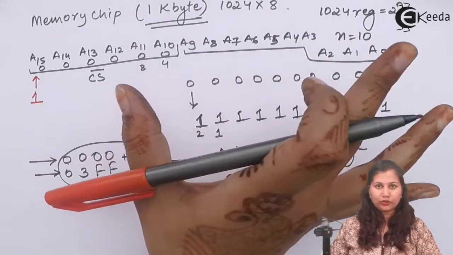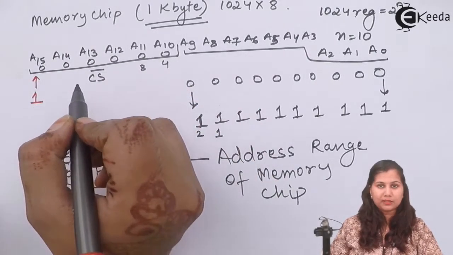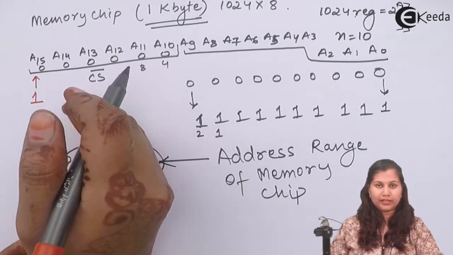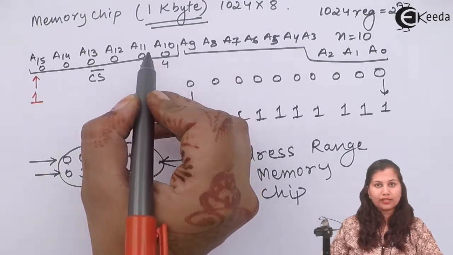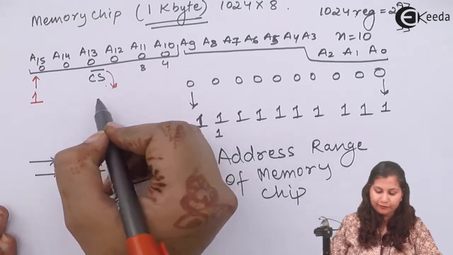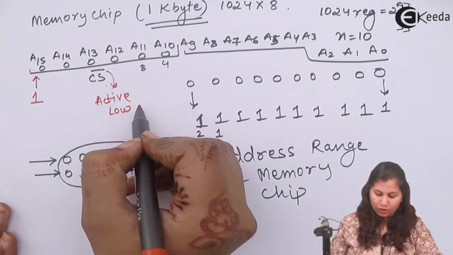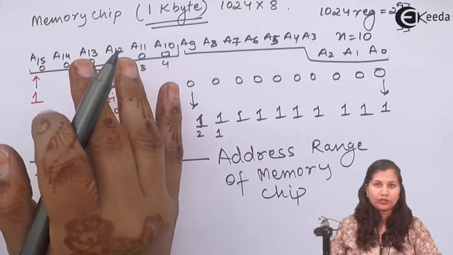They can have any of the two values, but these lines which are used to select this chip select signal, which are connected to this, they are always at logic 0, because this chip select signal is an active low signal. So these have to be at logic 0.